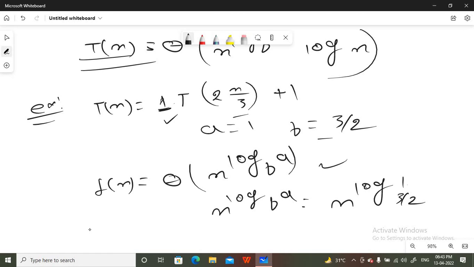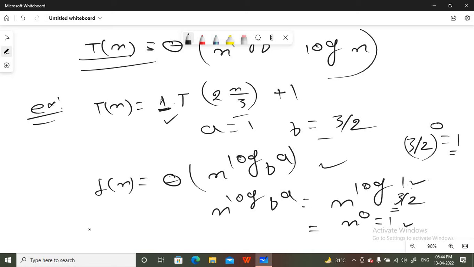The log of 1 with any base is 0, right? Because 3 by 2 to the power 0 equals 1. So n to the power 0 equals 1. Now f of n equals 1.